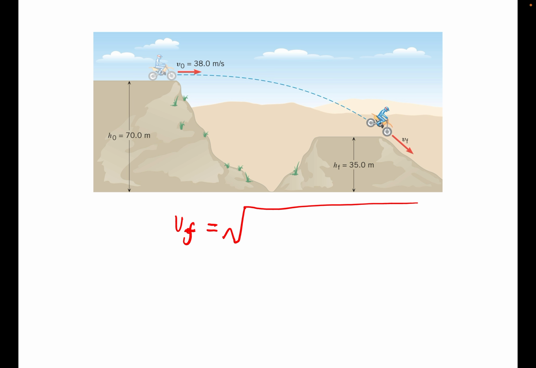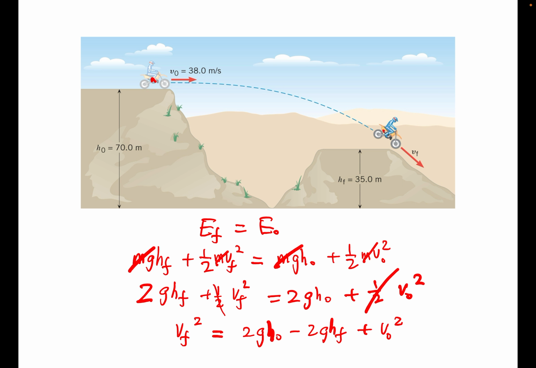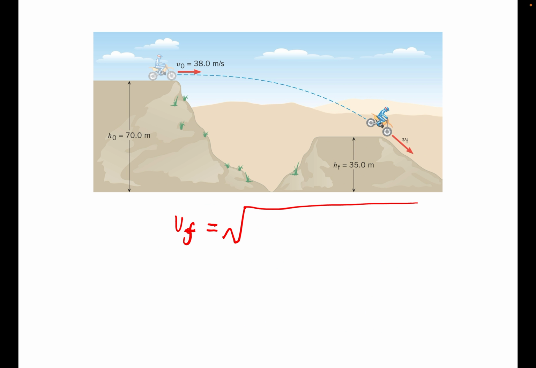It's the square root of the right hand side. Now all we need to do is plug in all the numbers from the problem, and we find the final speed is 46.2 meters per second.